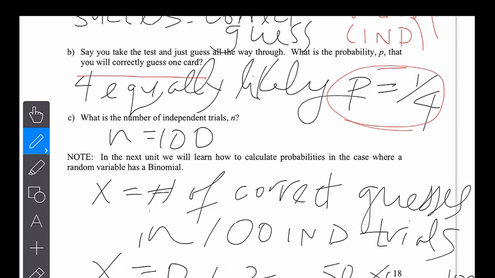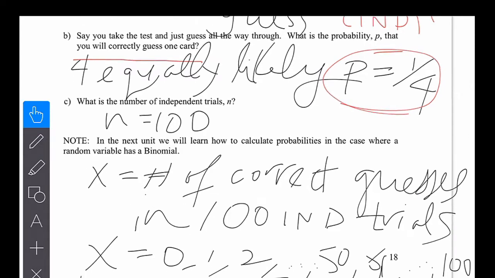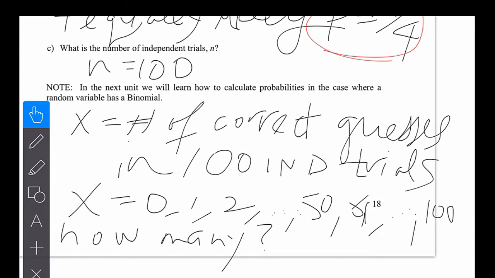Let me move it up so you can see. This is always the case for the binomial. None, all the way through 100. That means there's 101 possible outcomes. It's always one more than the number of trials. Okay.